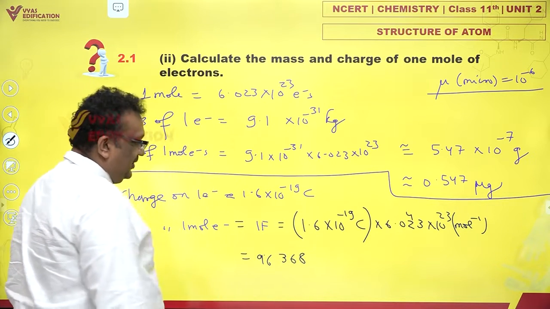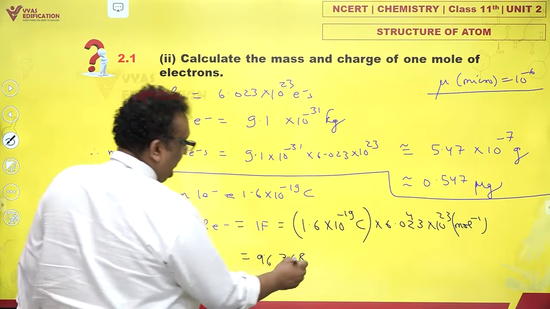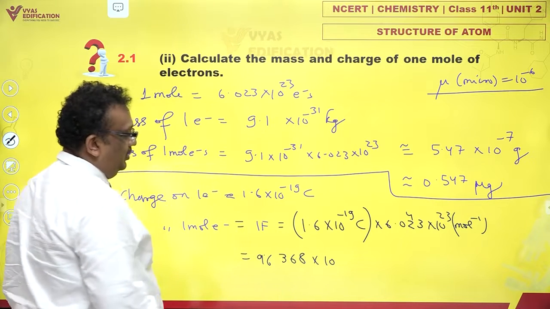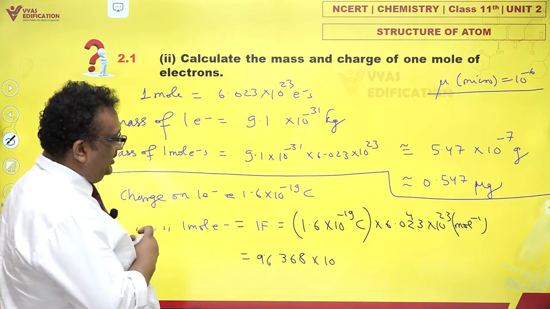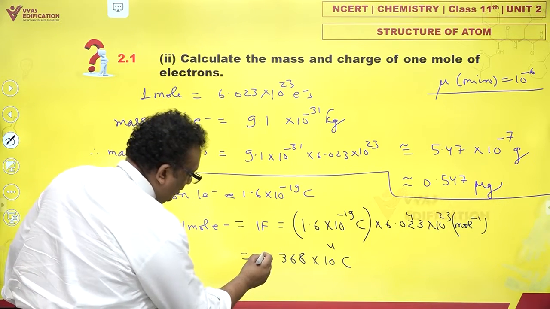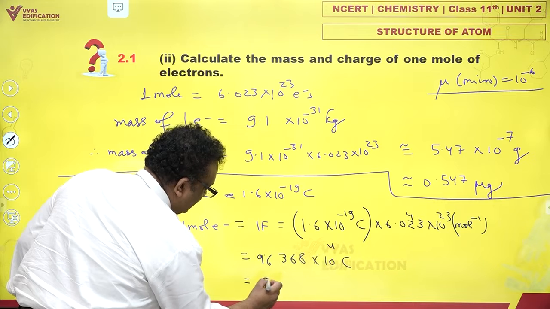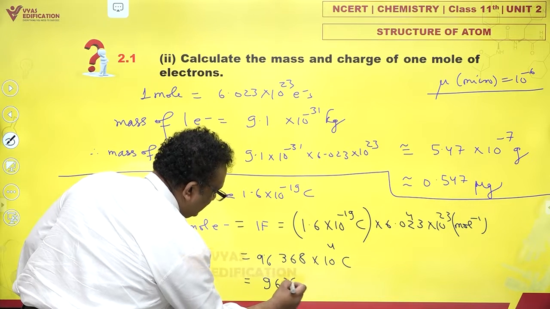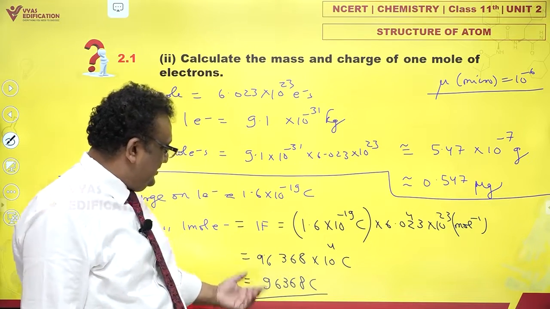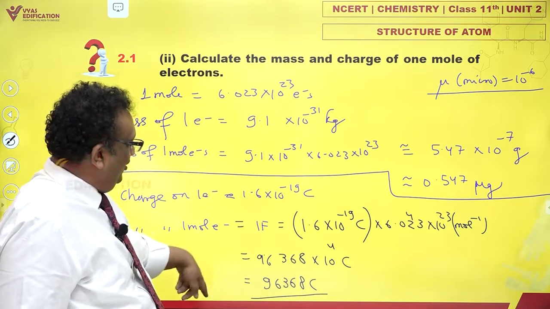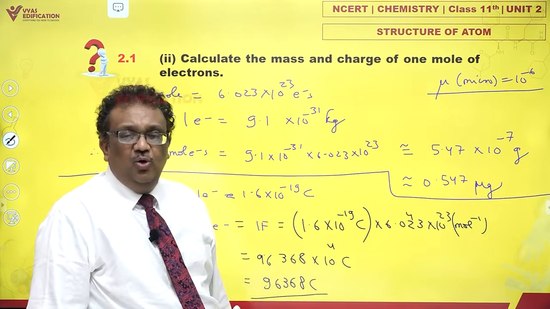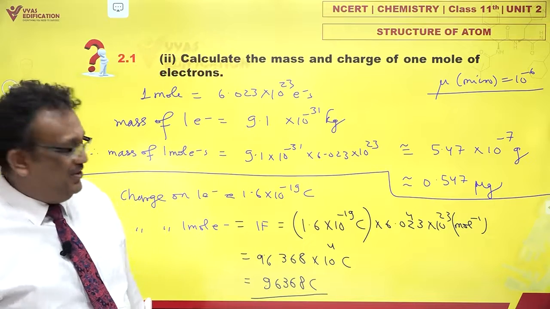So that would give me 9.64 approximately into 10 raised to how much? Well, 19 and 23, that makes it 4 coulombs. Let's jump this. This is 96368 coulombs. Huge number. So this is the accurate value of 1 Faraday. Often people approximate it as 96500 coulombs also, but that is just an approximation.